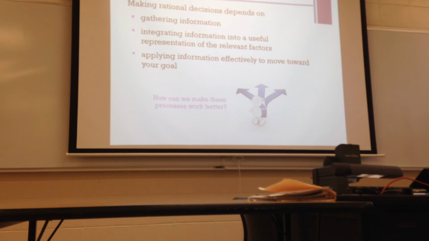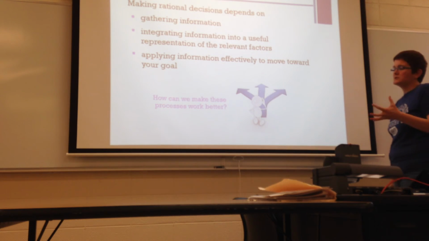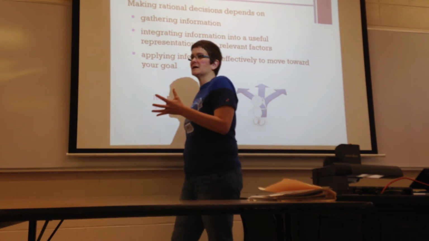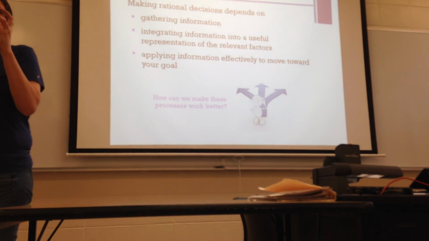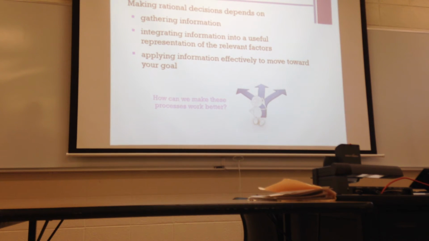Your goal is to make a choice. So if you want to be an effective decision maker, you have to make sure that your representation of the issues is good. Making good choices depends on understanding the relevant issues. Does that make sense?